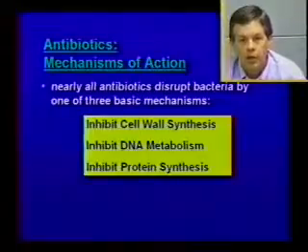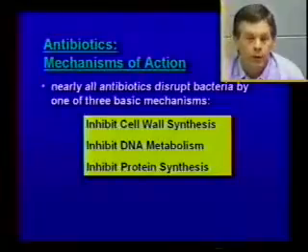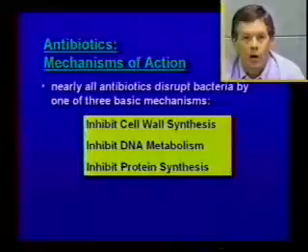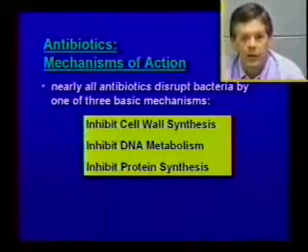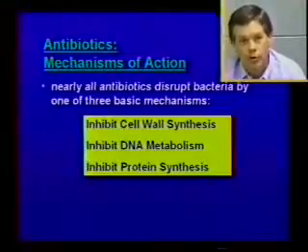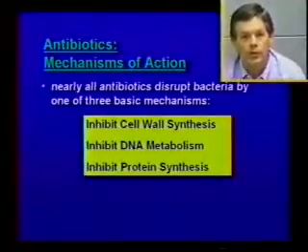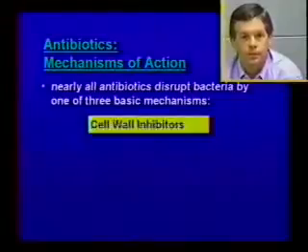And finally, drugs that can interfere with protein synthesis, whether they do that reversibly or irreversibly within microorganisms, are a third major class. In all of these cases, the antibiotic agents are effective against the microorganism and not against the host animal's cells by virtue of the ability of these agents to selectively interfere with a process that's somehow unique or different within the microorganism. And that's the basis for their selective toxicity.